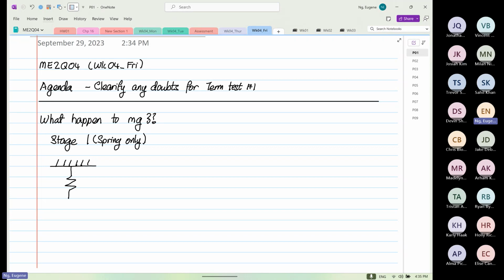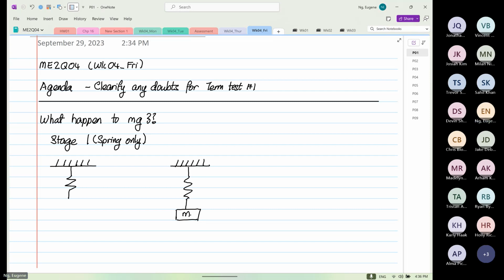That is our system, right? And then we put a load or a mass at the end. When we put a mass at the end, the spring becomes longer.